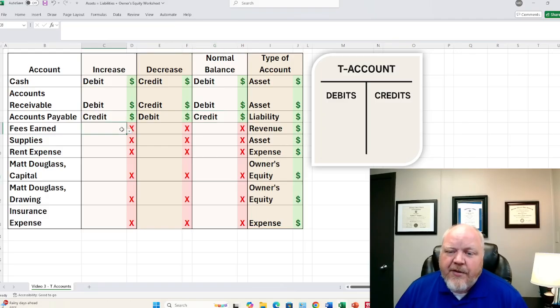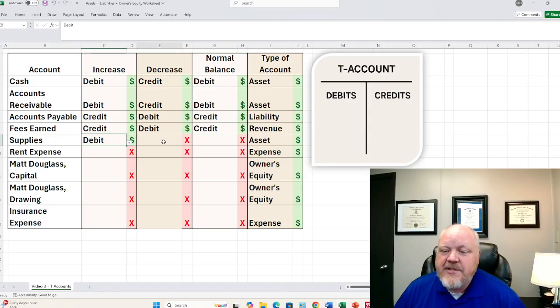The fees earned account, that's a revenue. It is increasing with a credit, it's decreasing with a debit, and it is going to have a normal balance of a credit, because it's always the same as the increase side. Supplies, that's an asset, so it increases with a debit, it decreases with a credit, and it has a normal balance of a debit.